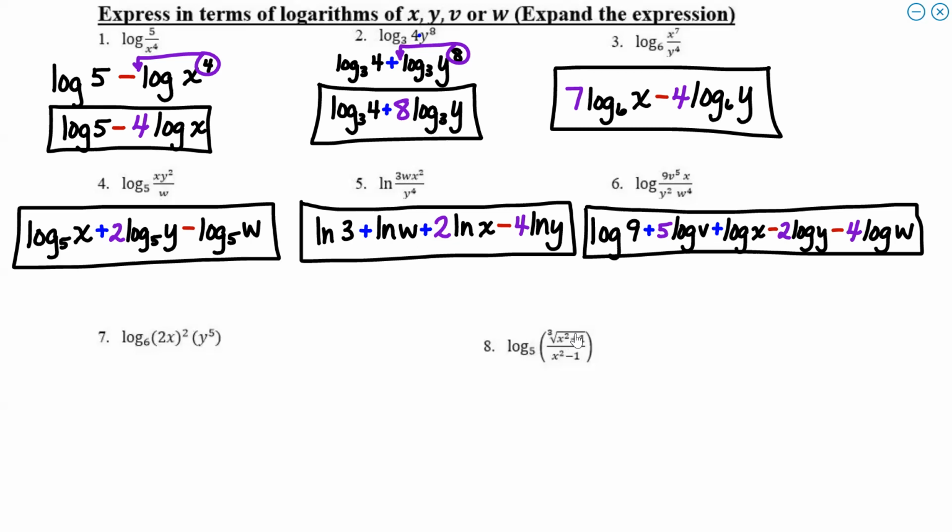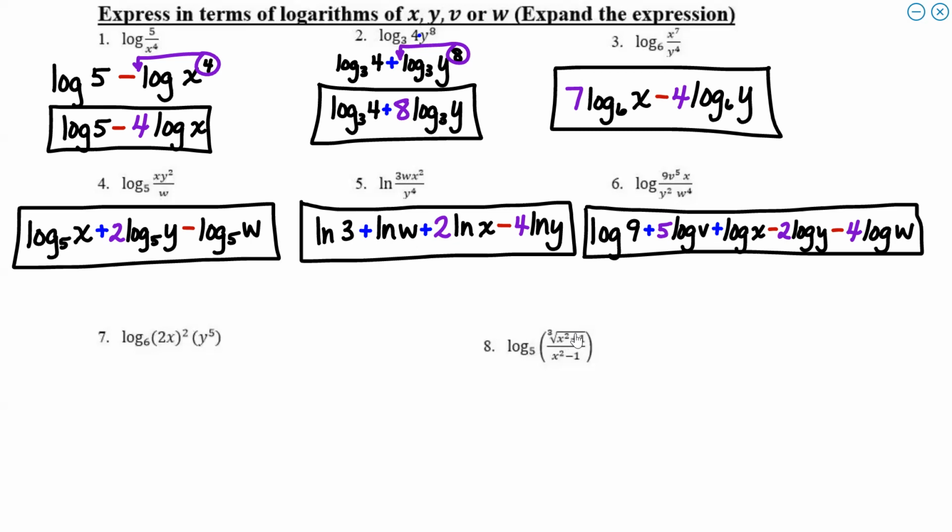No. Because I do not have an x squared plus 1 on the bottom. Can I factor x squared plus 1? No, it only has imaginary roots. That is the parent quadratic shifted up one. So it does not ever touch the x-axis. It is unfactorable. So what can I do with this then?